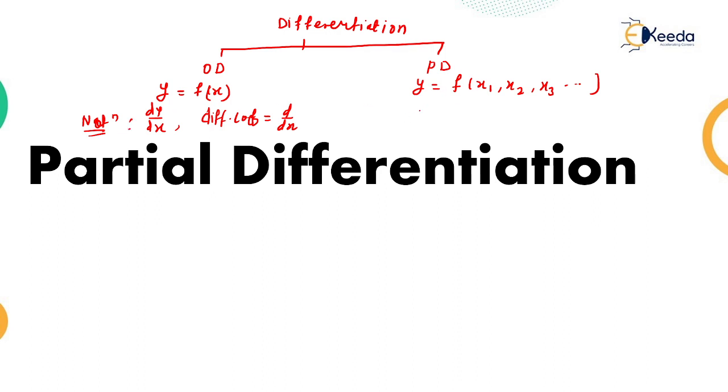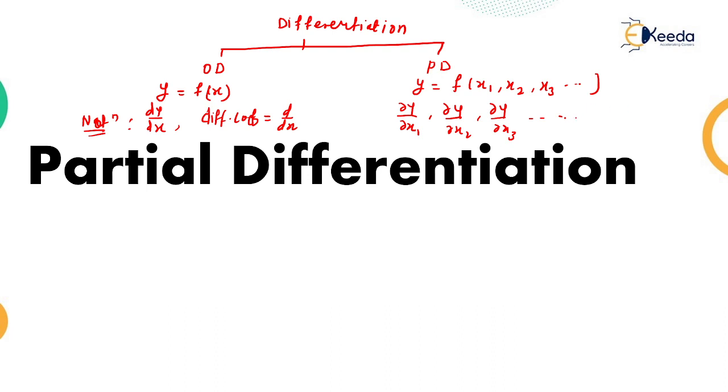And in partial differentiation, we have to differentiate y with respect to two or more variables. That means we differentiate y with respect to x1, then with respect to x2, then with respect to x3 and so on, as there are many variables. That type of differentiation is called partial differentiation, and the notation is delta y by delta x, or dabba y divided by dabba x1.